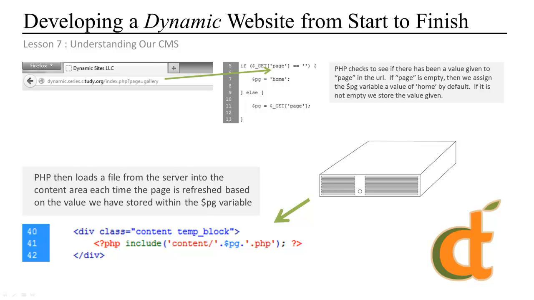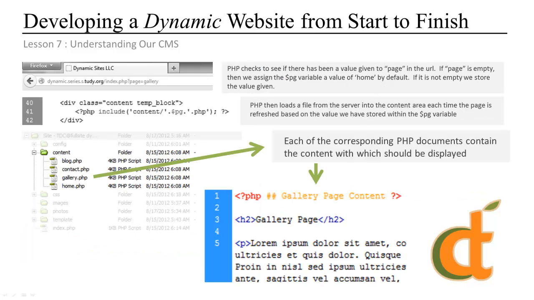So in this case, gallery.php will be loaded because we've given the variable PG the value of gallery, as you can see at the top from the last slide. That's going to look on the server, look in the content folder, and grab that file, which you see here.